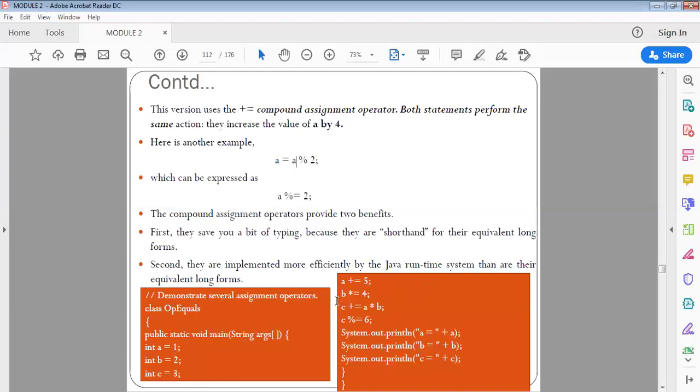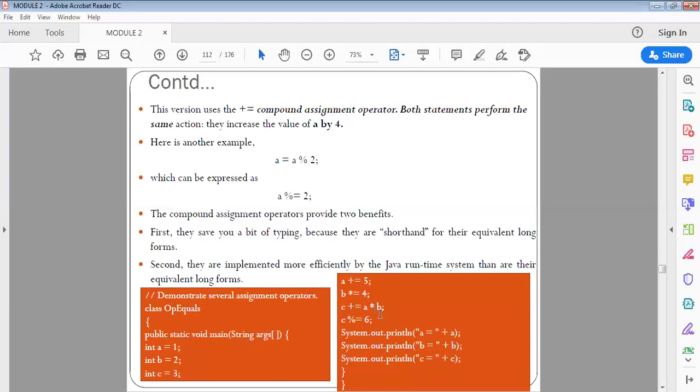Now you come for b. b star equals 4 is nothing but b is equal to b star 4. What is b? 2 star 4. So b value will contain 8, so the output of b will be 8. Next you come for c plus equals a star b. What is the a value and what is the b value?